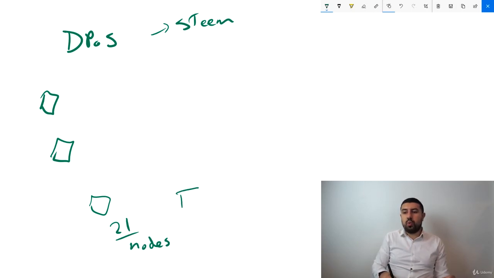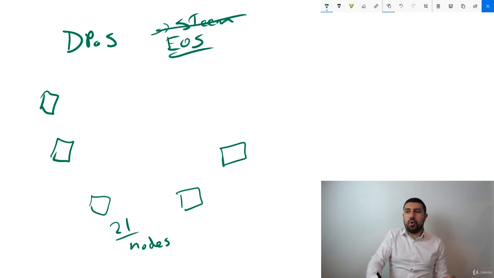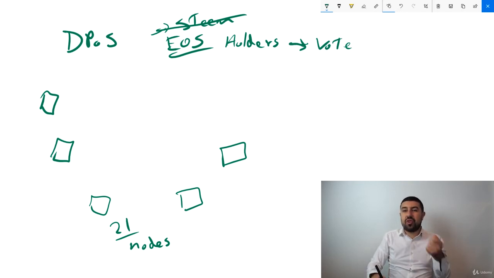And these nodes will be voted in. So if you have any EOS coin, you can vote for who you want to act as a witness and to confirm these transactions. So it's like a democracy where EOS holders can vote for who represents them and who they trust to confirm these transactions.